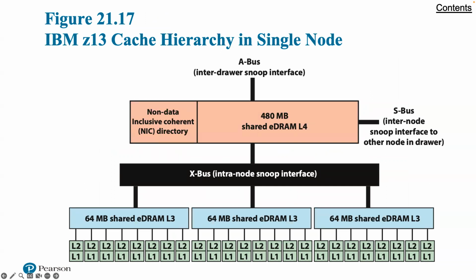Next, the z13 incorporates a 4-level cache structure. We look at each level in turn, and that's what we're showing here in figure 21.17. Each core has a dedicated 96 kilobyte L1 I cache and a 128 kilobyte L1D cache.